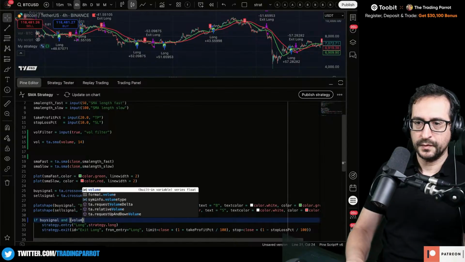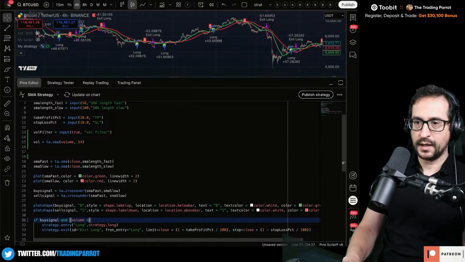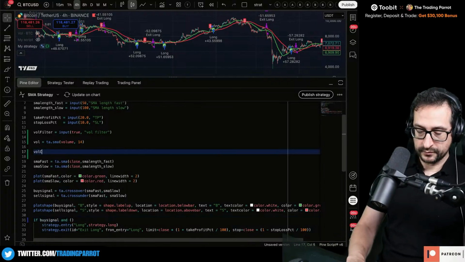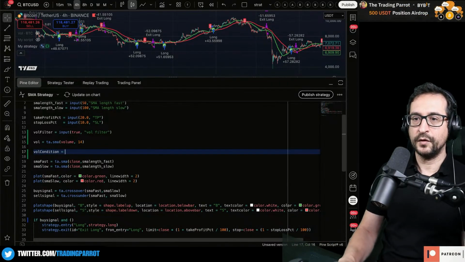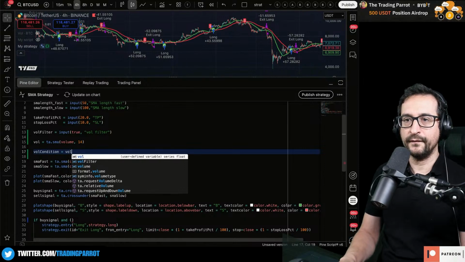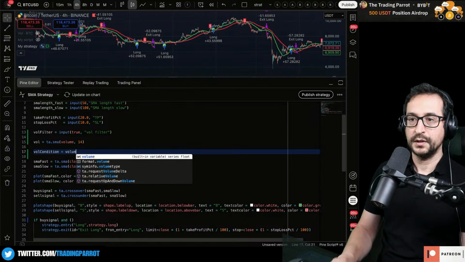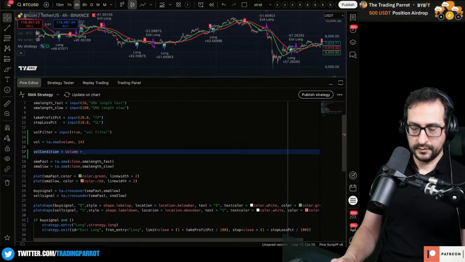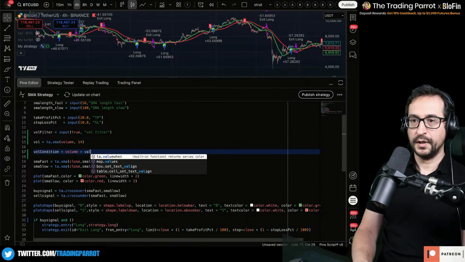Volume needs to be higher, or let's do it clean. Volume condition. The volume condition is that the volume needs to be higher than volume MA.